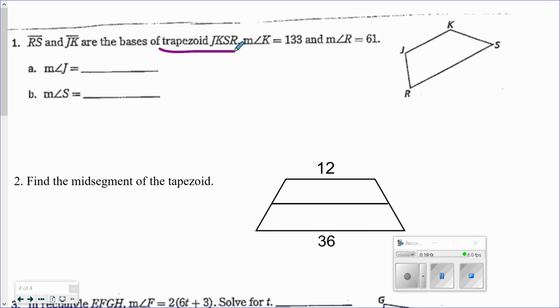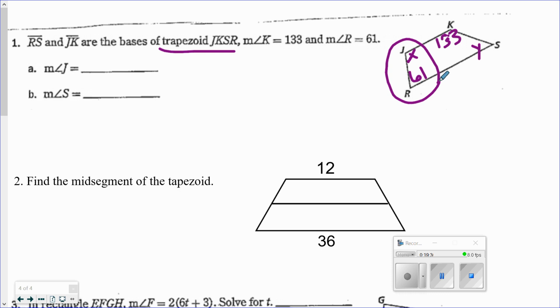So let's plug in what we know. We know angle K and we know angle R, so we need to figure out J and S. For J, I'll call this X, and for S, I'm going to call this Y. All right, so we know that this is a quadrilateral, which means that these two angles, when we add them up, equal 180.